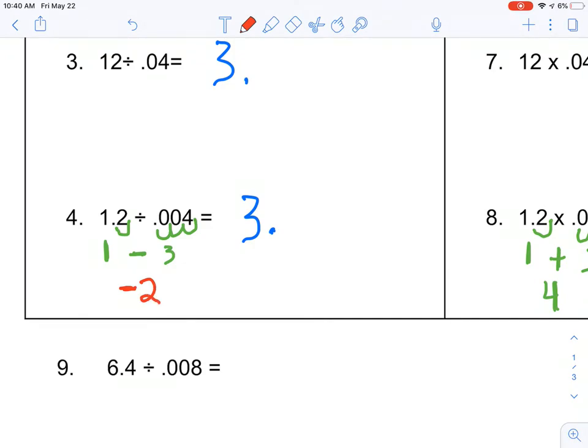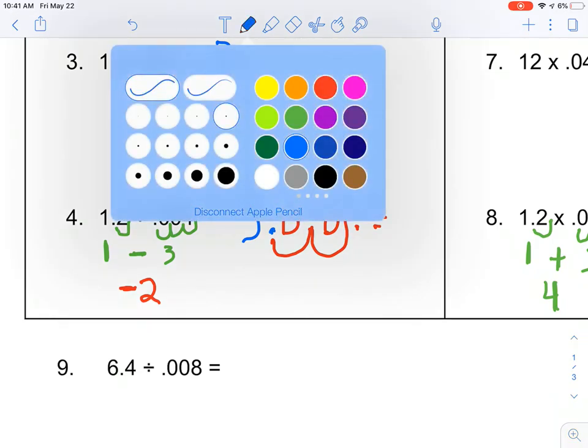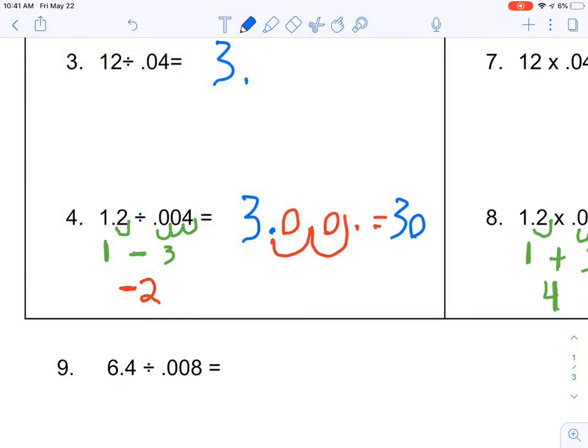Okay, so because it's a negative number, instead of moving forward, we are going to move backward. So we're going to be taking that decimal and moving it backward 1, 2. So what's our answer? 300.